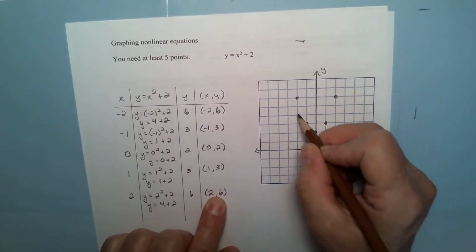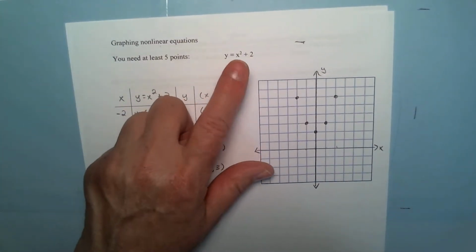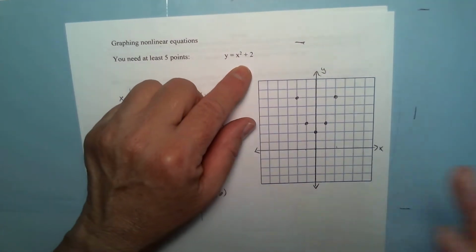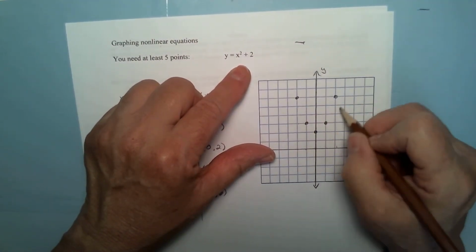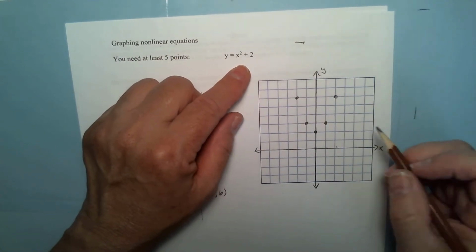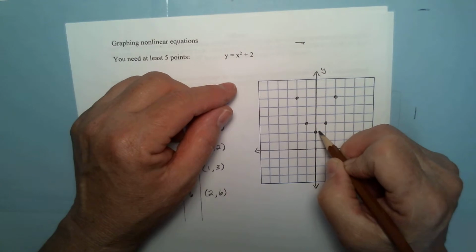You'll notice that it's making like a smiley face, so to speak. This is actually a curve. This is called a quadratic, and you don't need to know that, but this is a curve. And when you have this and it doesn't make a straight line, you have to smooth it out. And this is like a dip.